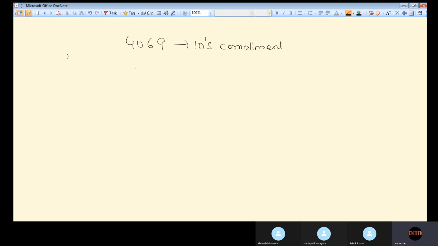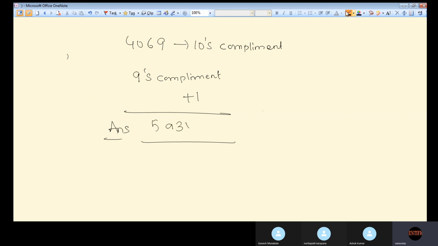So what you will do, you will find the nines complement plus 1, and you will get the answer. Quickly do it and tell me the answer. Very good. 5, 9, 3, 1 is the answer. I want quick answers.